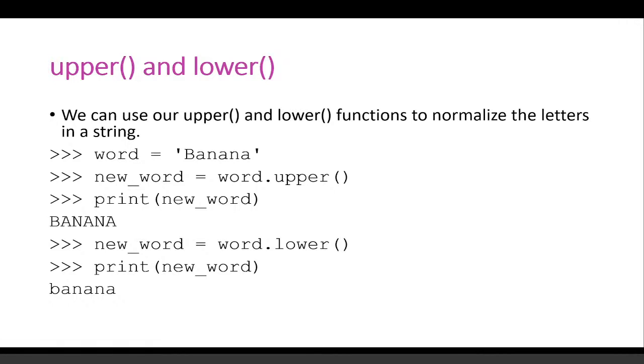So we can see here, if we want to take our word and convert everything to an uppercase letter, we have to assign it to a new variable in order to get it to work. That's going to be our best practice here.